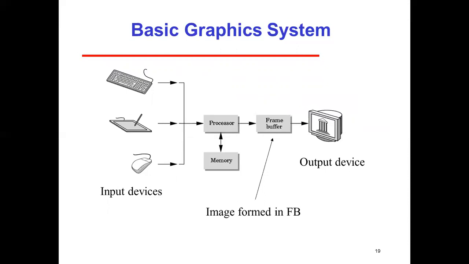Again, suppose we want to update it, then it goes to the processor, and ultimately the image is formed in the frame buffer. In the frame buffer the complete image is formed, and then it goes to the monitor so that the display can be obtained on the monitor. So there is a need for input devices, output devices, as well as the frame buffer, including the processor and memory.